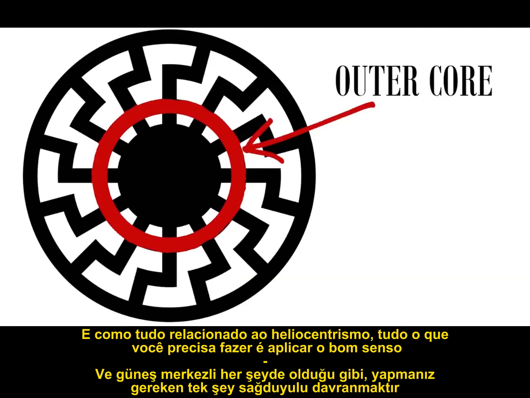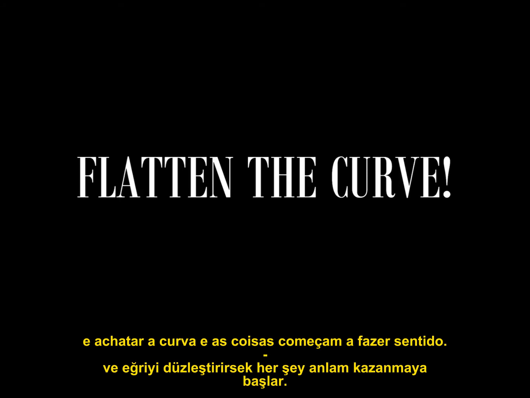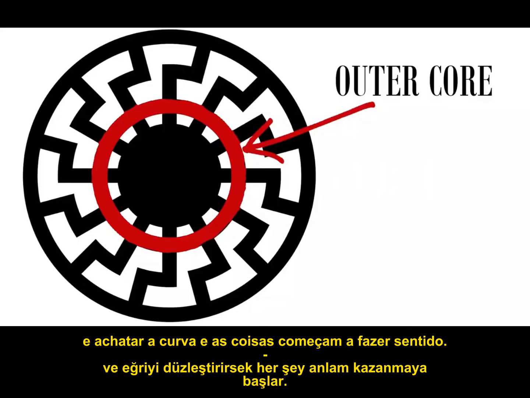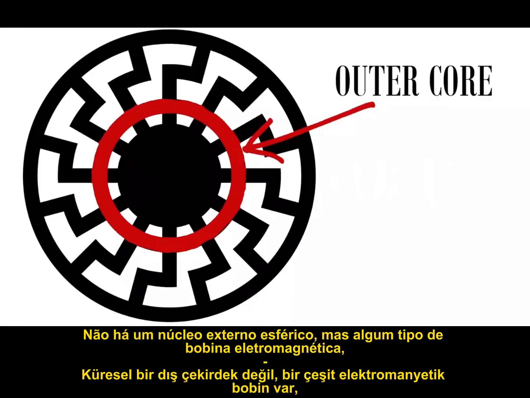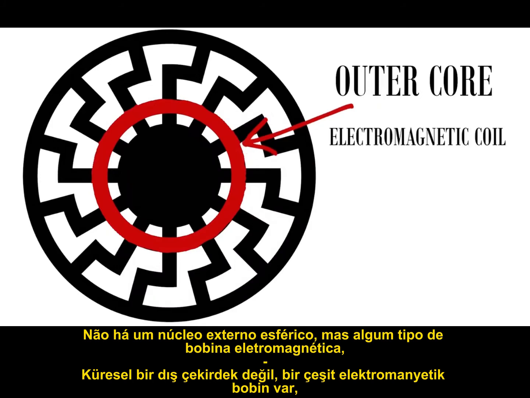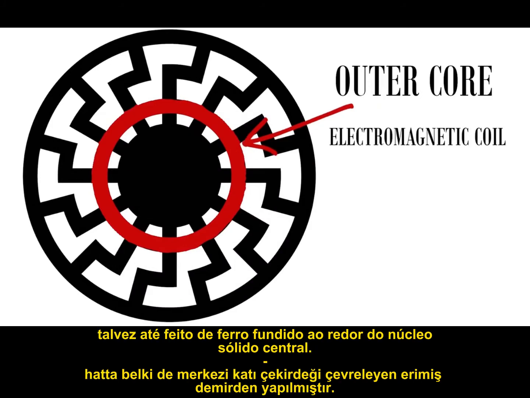And like everything heliocentric related, all you need to do is apply common sense and flatten the curve, and things start to make sense. There is not a spherical outer core, but some kind of electromagnetic coil, perhaps even made of molten iron, surrounding the central solid core.